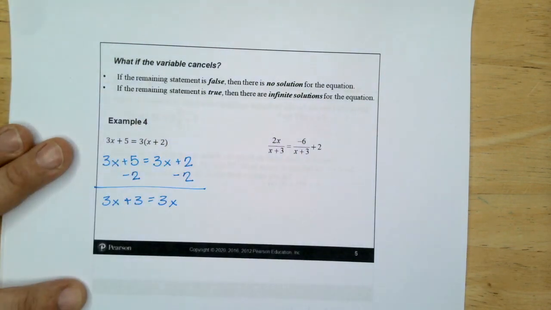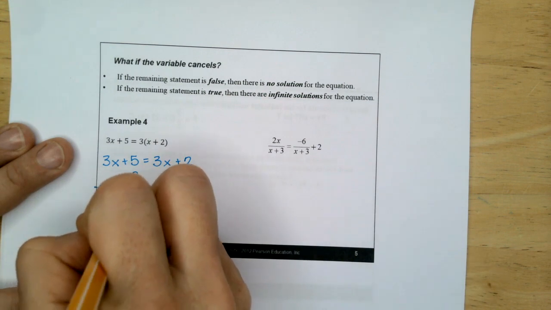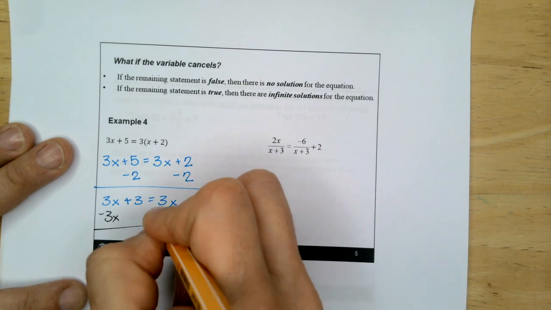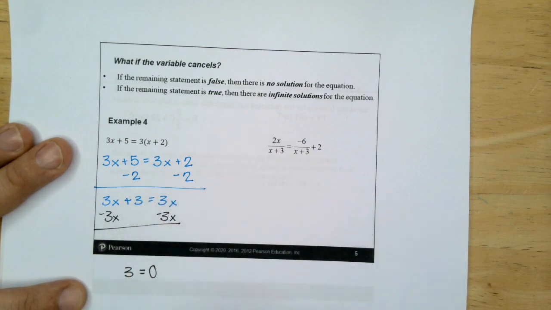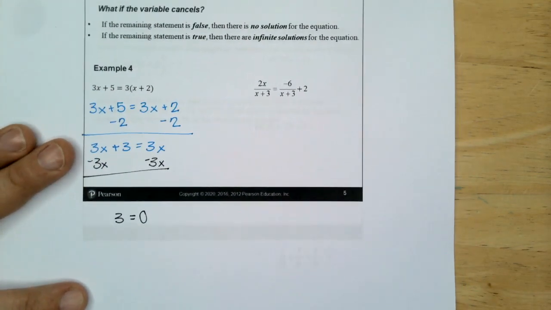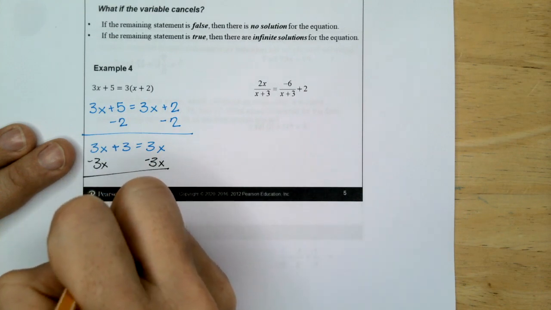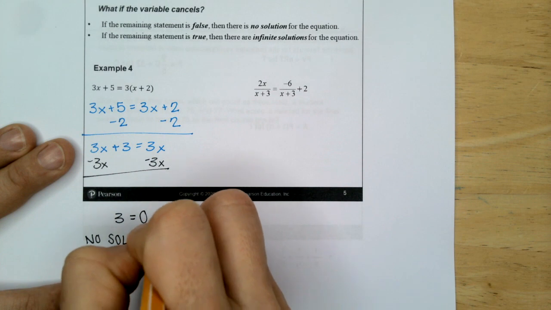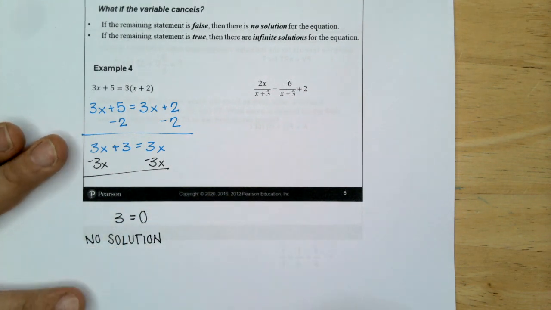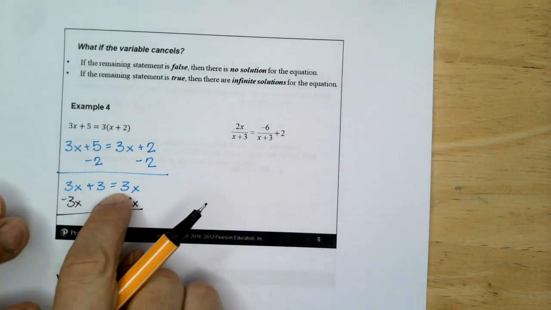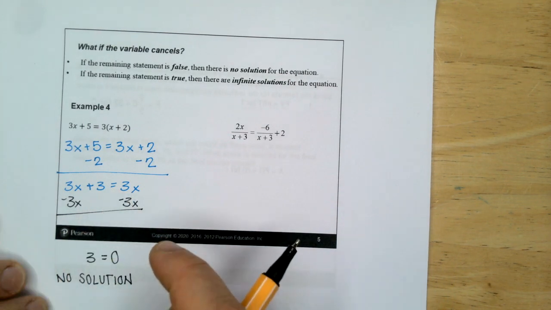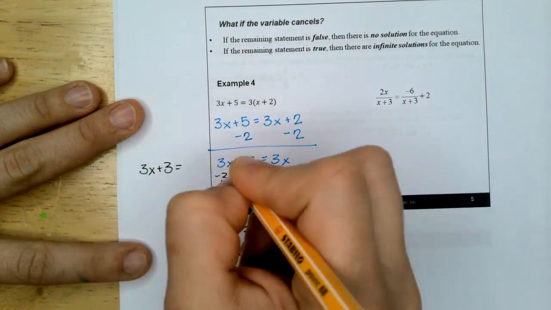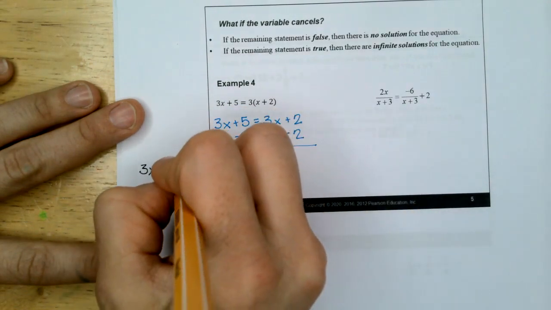When I try to move the 3x, it disappears. 3x minus 3x is 0. So 3 equals 0. That is not true, so this is no solution. Okay? Or even when you get up here, you could say 3x plus 3 equals 3x.